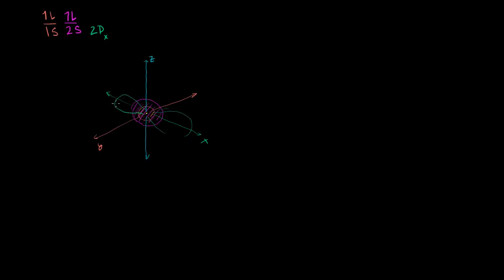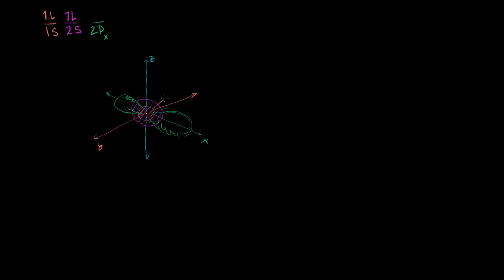And remember, these are really just probability clouds, but it's helpful to visualize them as maybe a little bit more like things that we would see in our world. But I think probability clouds is the best way to think about it. So that is the 2px orbital. And then I haven't talked about how they get filled yet. But then you also have your 2py orbital, which will go in this axis.